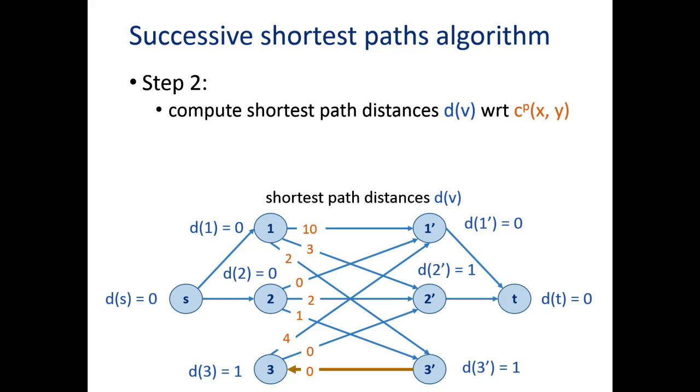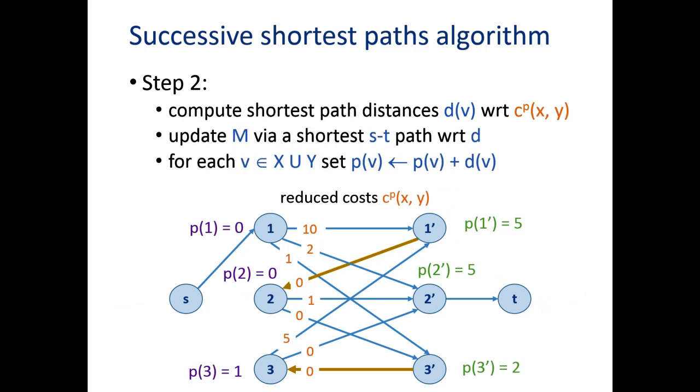My prices were 4, 1, 1, 1, so they become 5, 2. So at each step, I increase the prices according to the distances. The prices become this. Note that the edge I have used now has cost 0. I included it in the matching and it has cost 0, which is how we want it to behave.